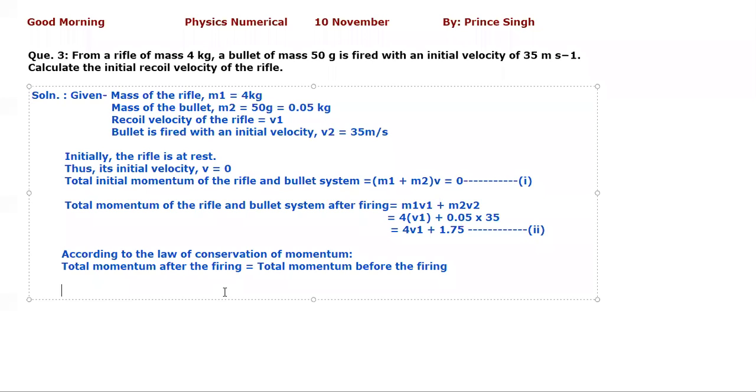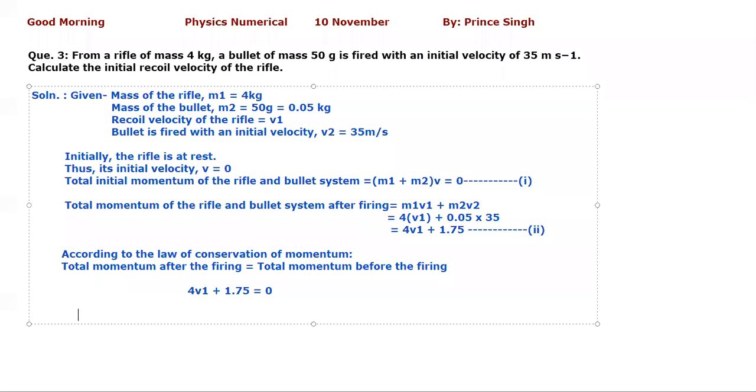So we can say that 4v1 plus 1.75 after firing is equal to 0 before firing. This we got from equation 1 and equation 2. Equation 1 was before firing and equation 2 was after firing.